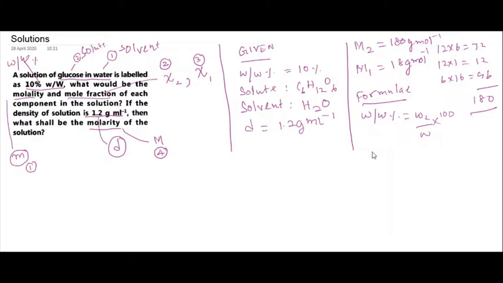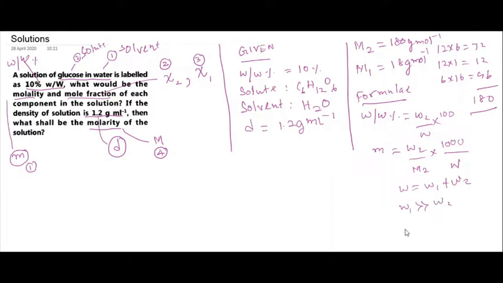And molality is asked, so molality is equal to W2 by M2 into 1000 divided by the weight of the solvent. The weight of the solution is W equal to W1 plus W2. Compared to the weight of the solute, the weight of the solvent is much more.